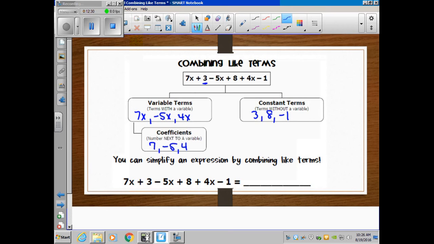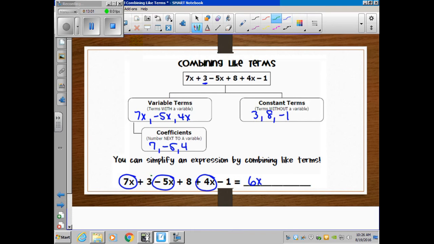All right, how can we simplify this expression by combining like terms? You take all the things that are alike. For example, 7x, negative 5x, and positive 4x are like terms. You simply take the coefficients and add or subtract them appropriately. So 7 minus 5 is 2, and 2 plus 4 is 6, so we end up with 6x.